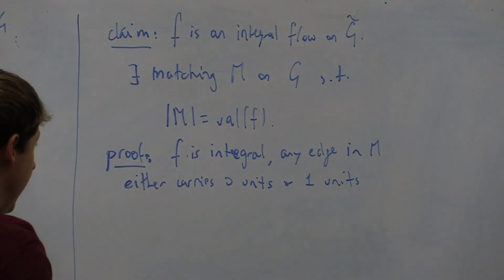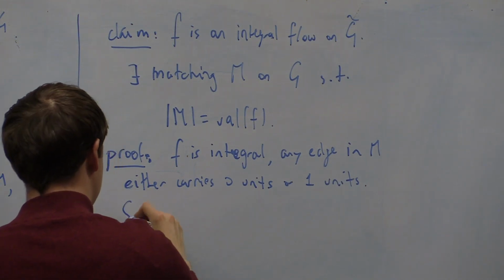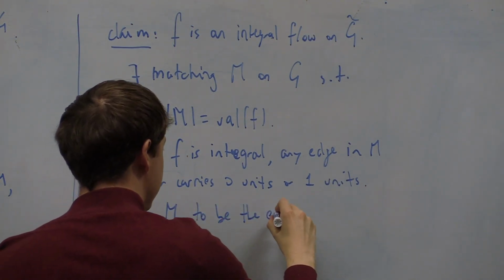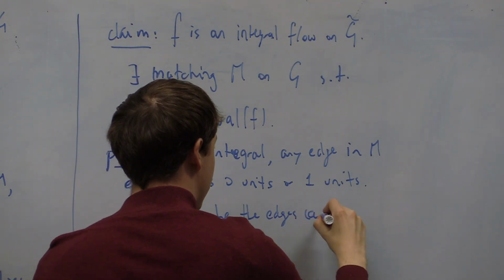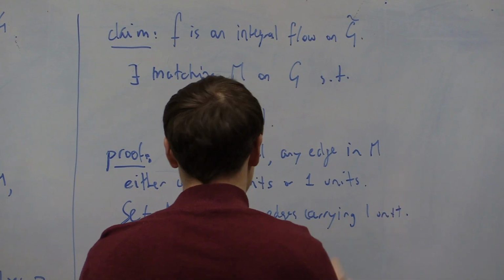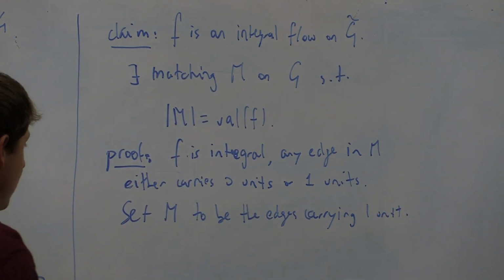So now we set M to be the edges carrying 1 unit. All right, so M is a set of edges, but we need to argue that it is a matching.